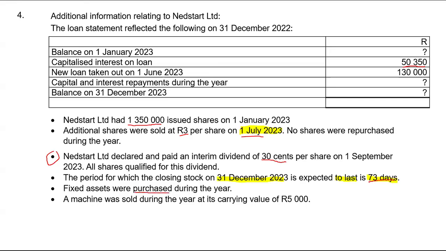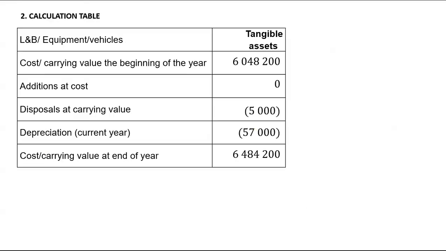And for you to calculate the value of your additions at cost, you just have to work in reverse. So you're gonna take the 6,484, add 56,000, add 5,000, and then subtract the 6,048,200.